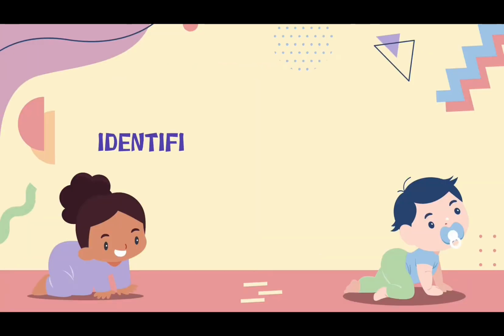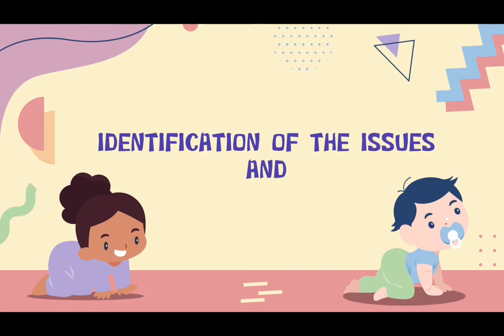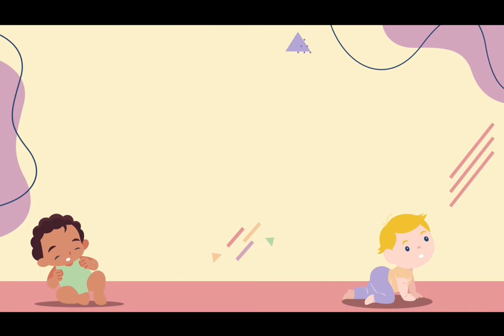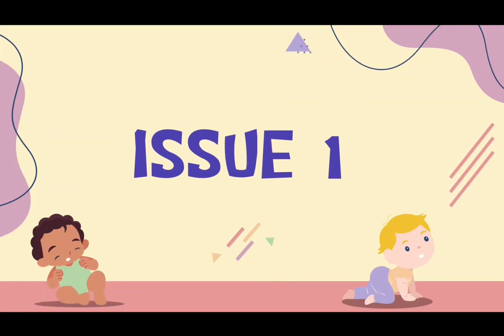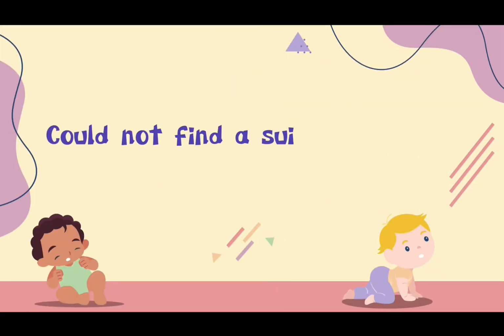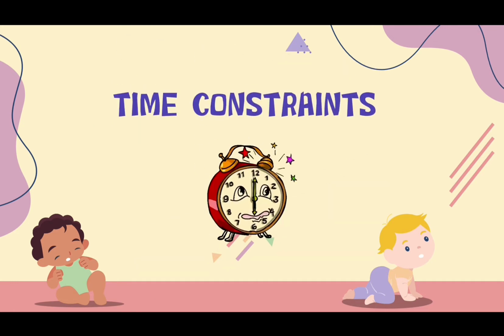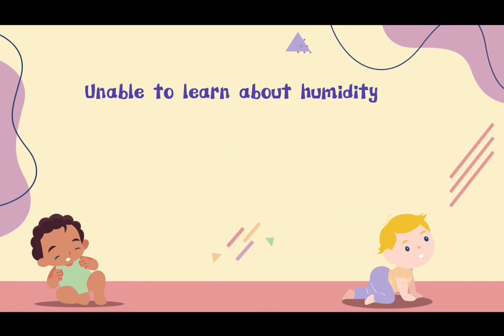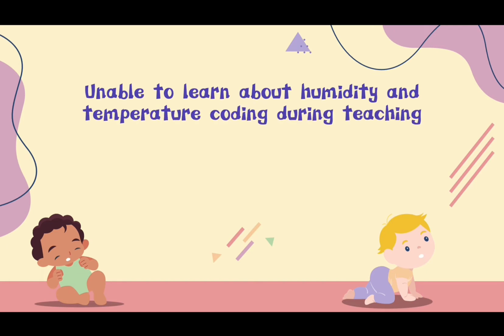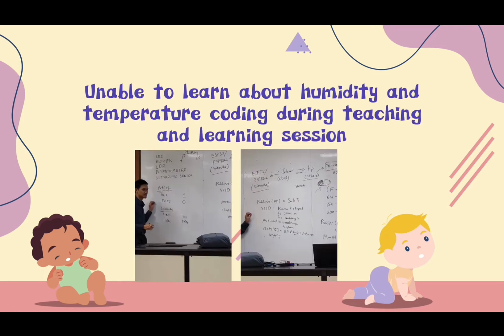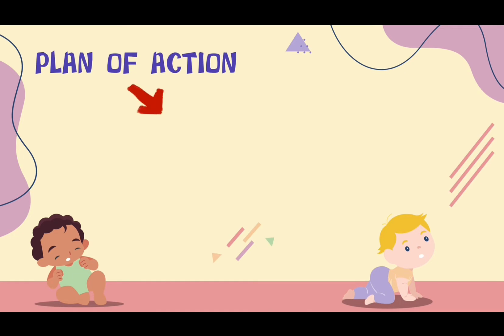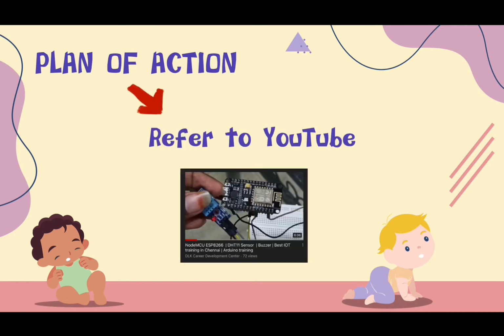Now let's proceed to the identification of the issue and plan of action to overcome the issues that have been identified. The first issue in this project is that our group could not find a suitable coding for temperature and humidity due to time constraint. We were unable to learn about temperature and humidity coding during our teaching and learning session. So, our group decided to refer to some videos from YouTube as references.